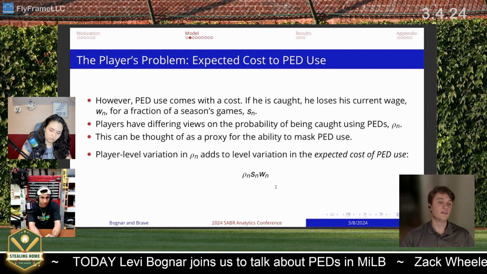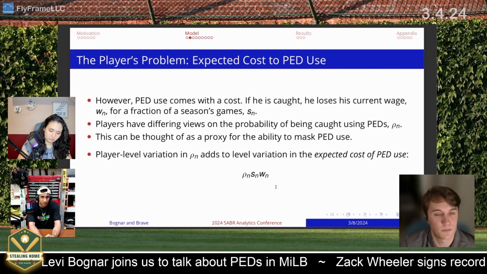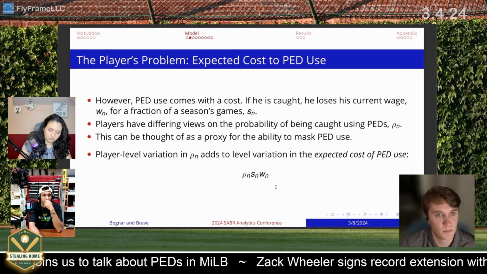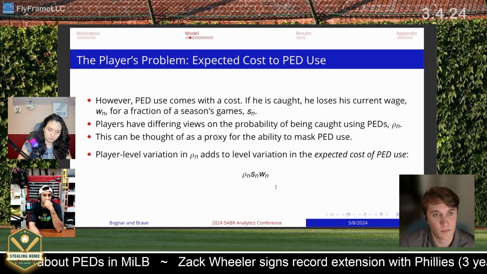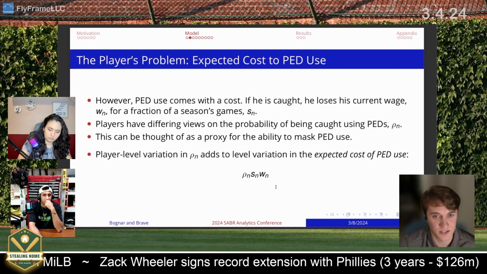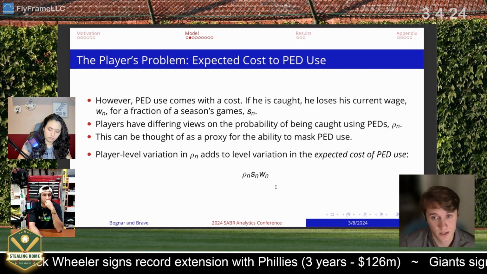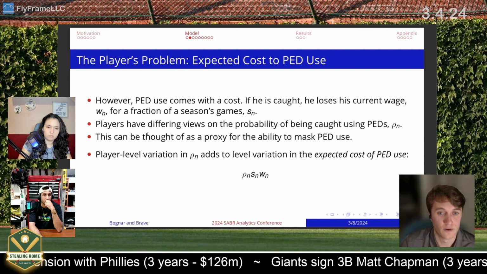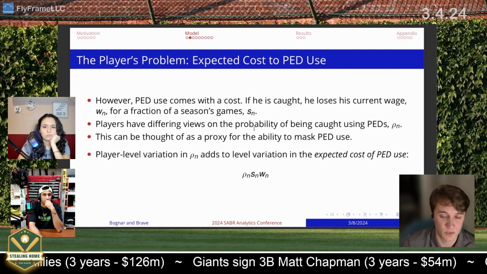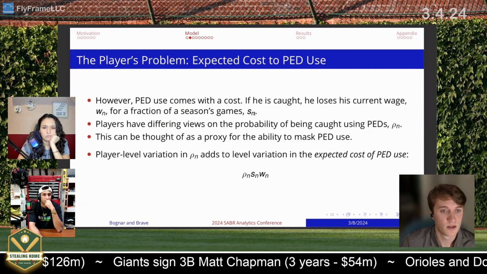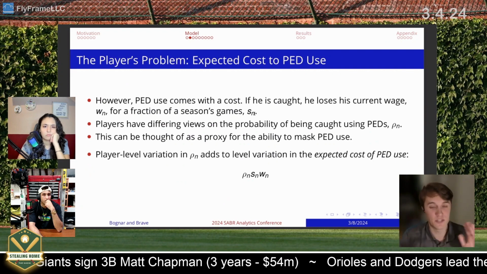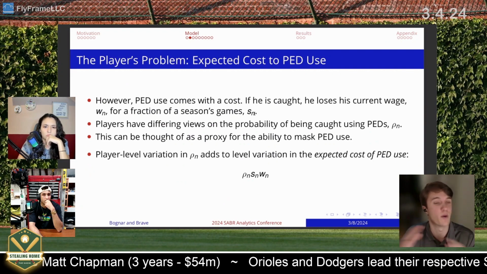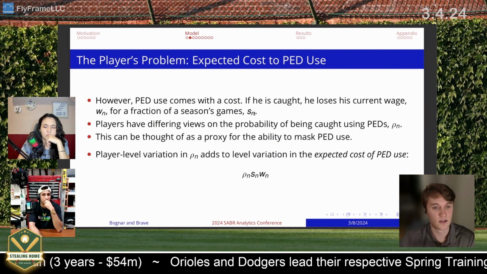Now, of course, from the player's perspective, utilizing PEDs comes at a cost. There are health costs, but more importantly, and what we actually formalize, there are costs in terms of lost salary. If you're caught, you're going to lose your salary W_N for a fraction of the season's games, the suspension length being S_N. Players are going to have different views on the probabilities that they get suspended.